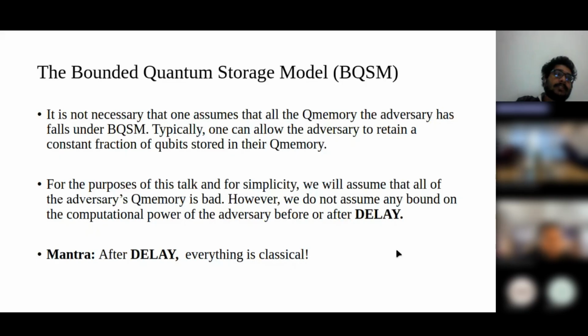Even unitaries which cannot be captured by universal gate sets exactly, where approximations would be very bad. Even those kinds of unitaries we will allow the adversary to have. So any unitary in SU(N) is allowed.